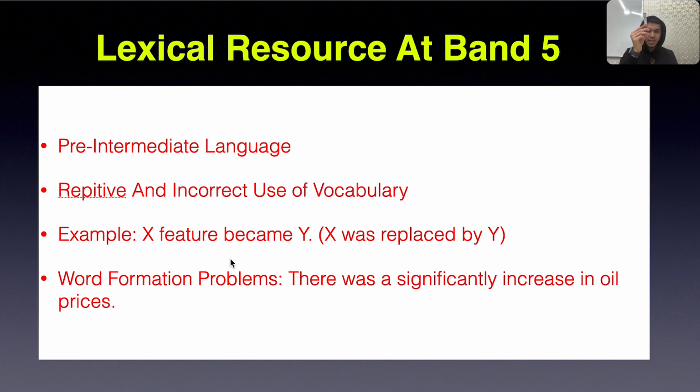Your house can never become a tall building. What can happen is your house might be replaced by a tall building. Never say X feature became Y. You need to make sure you use the correct language, which is replace here. So your house was replaced by a tall building. So this is what you need to say.